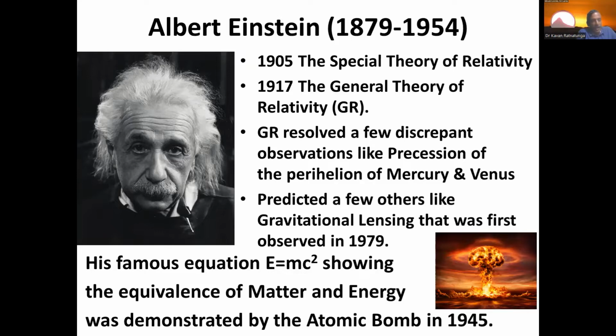So now we have a new theory, which approximates the Newtonian theory for low velocities, but it solves all these other problems at high velocities. He predicted a few things like gravitational lensing, which I will talk about because it is of special interest to me. And his famous equation, E equals mc squared, the equivalence of matter and energy, was demonstrated by the atomic bomb in 1945.